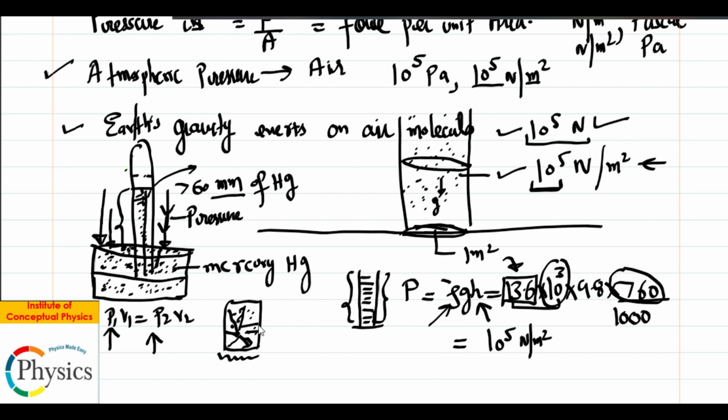So I hope your doubts on this 10 raised to power 5 are taken care of. If you're given in a numerical standard temperature and pressure, the standard pressure is 1 atmospheric pressure, which is what you and I both face when we are in the open. And obviously if you go inside the sea, this pressure will go up, because the liquid above you will apply more pressure on you.